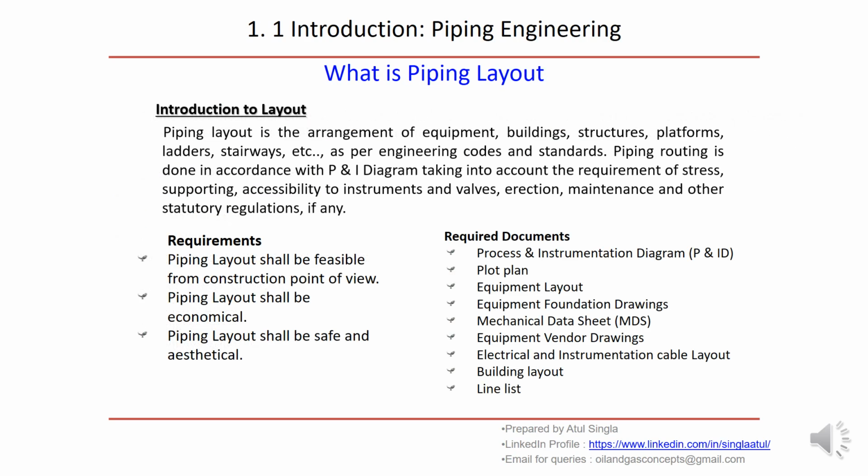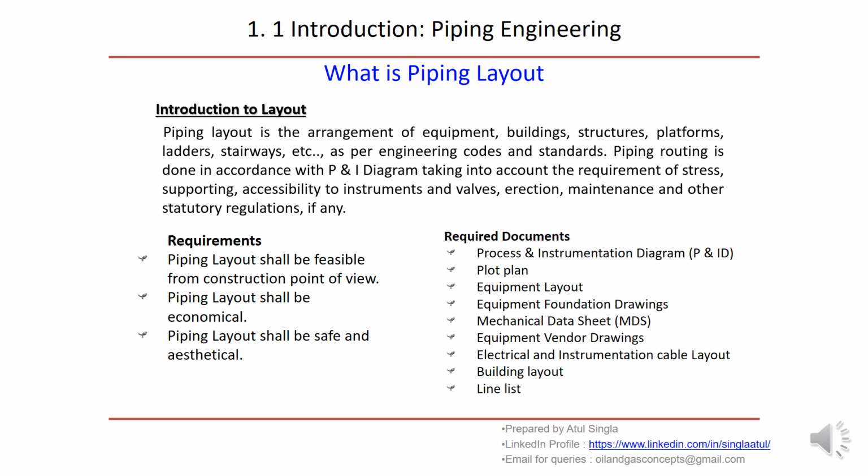Let us see what is piping layout. If you see in any refinery, in any plant, gas plant, everywhere we have a few equipment, buildings, structures, platforms, ladders, stairs. So piping layout is nothing but the arrangement of these things, as per engineering codes and standards. Most of the time the piping routing is done according to the P&ID.